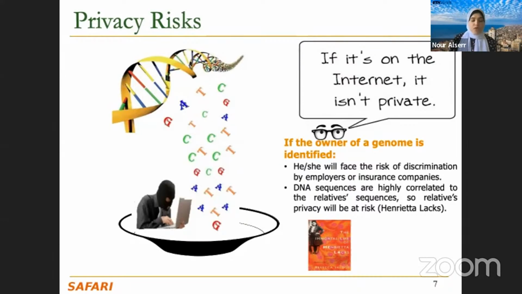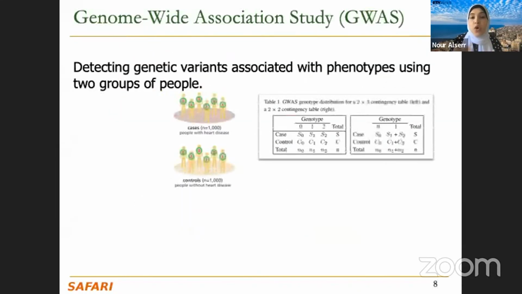Okay, so now we will see one of the genomic data examples in which we are not releasing the records. We are not releasing the DNA of individuals. We are releasing summary statistics about the participants. So again, let's recall the Genome-Wide Association Study.